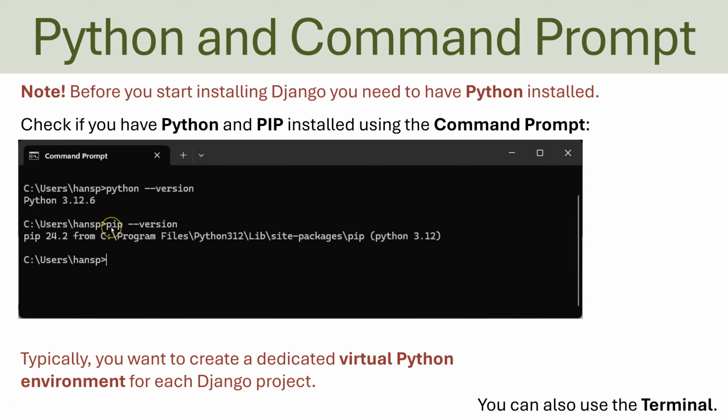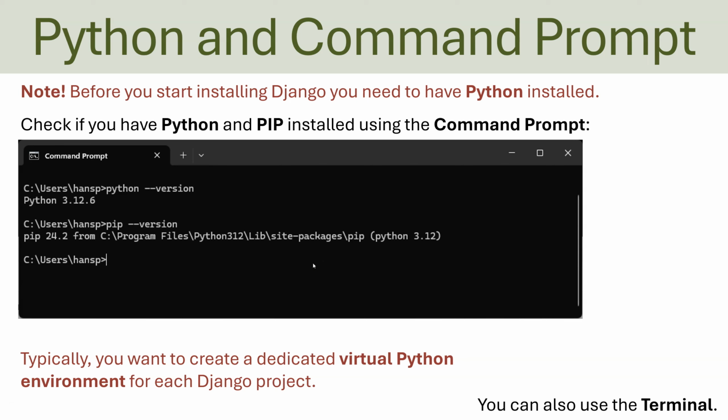And the same with pip, because Django is basically just a Python package. So in order to install Python packages, you need to have pip installed. Typically pip is part of the ordinary Python installation, but you can also use pip version in order to check that you have pip installed and that you have a proper version of pip installed on your computer before you start installing the Django package.